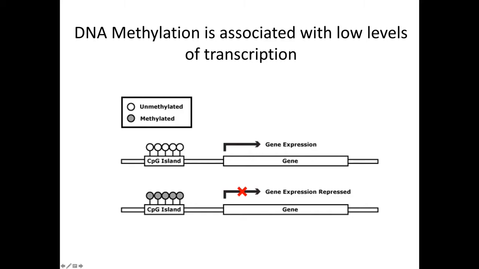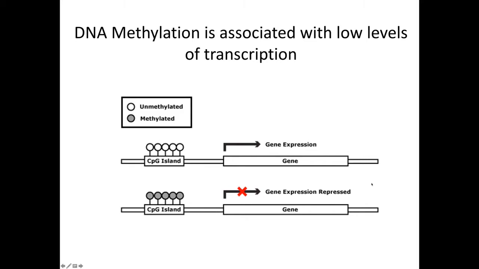So one will find these things called CpG islands, which are strings of C's and G's right next to each other. When they're unmethylated, meaning there are not a lot of methyl groups added to them, that can cause high levels of gene expression. But when these regulatory sequences are highly methylated, it can turn off gene expression.